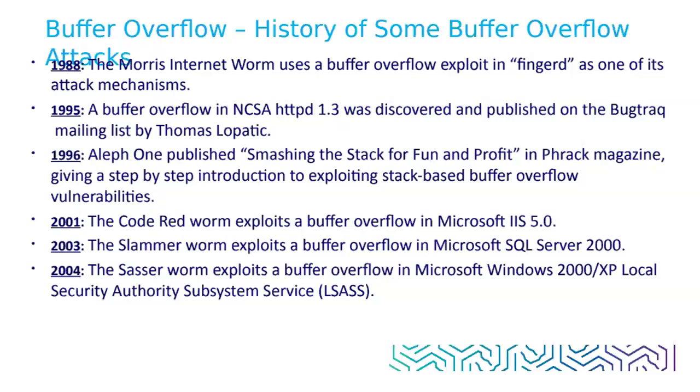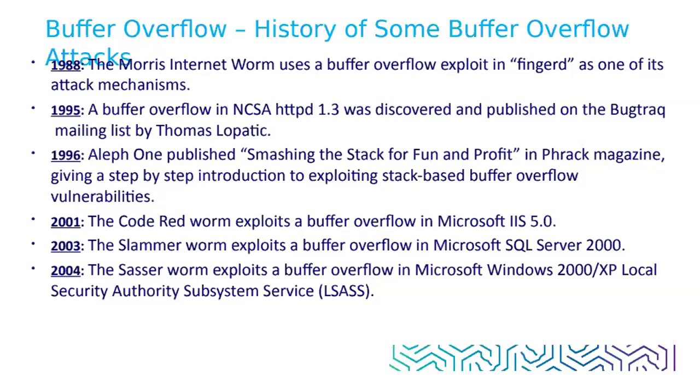In 2001, the Code Red worm exploited a buffer overflow in Microsoft IIS 5.0. In 2003, the Slammer worm exploited a buffer overflow in Microsoft SQL Server 2000. Microsoft SQL Server is a database management system used by many organizations.